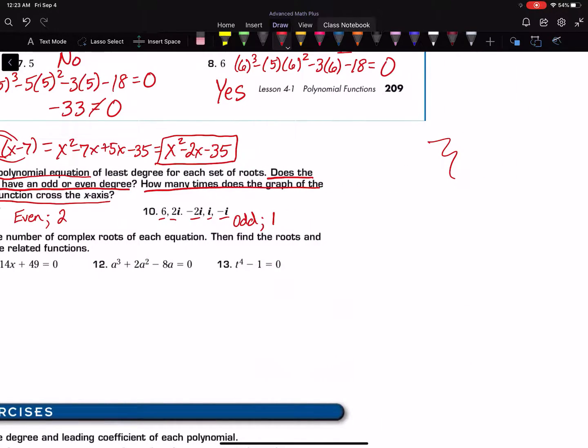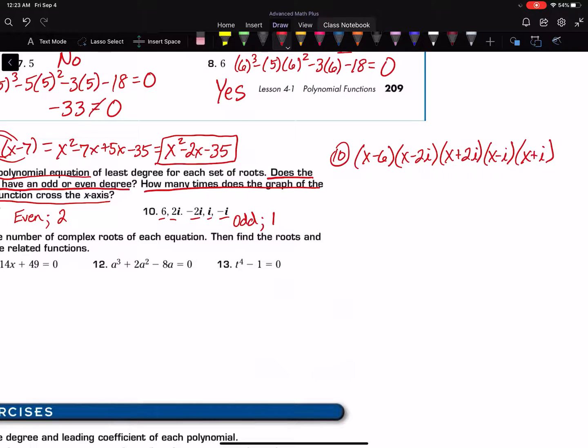This will take a little while because there's 5 roots. The more roots you have, the more multiplying you got to do. So we're going to have x minus 6. Again, this is number 10. X minus 6 times x minus 2i times x plus 2i times x minus i times x plus i.